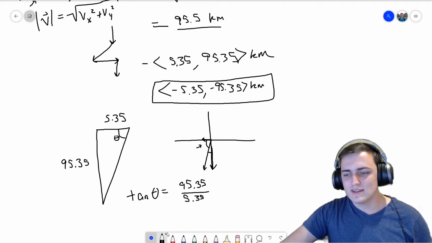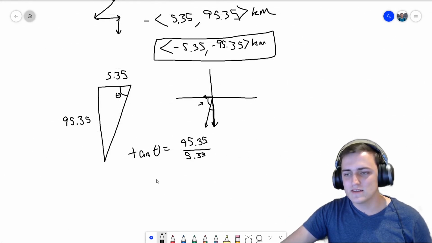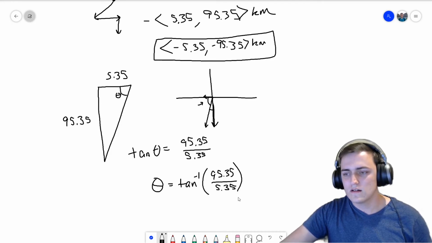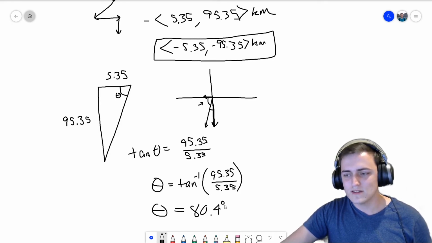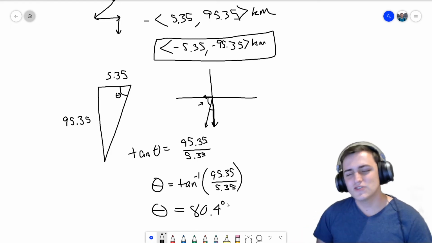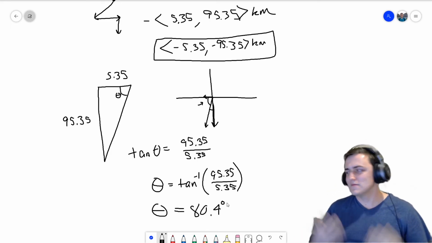And so by taking the tangent inverse of both sides, we find that theta equals tangent inverse of 95.35 over 5.35. And so this gives us a theta of 80.4 degrees.